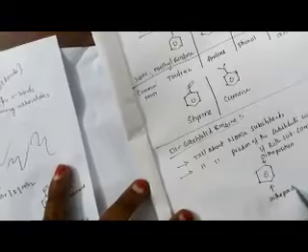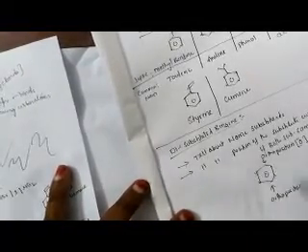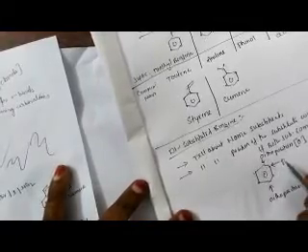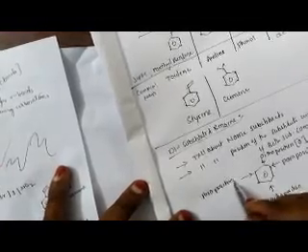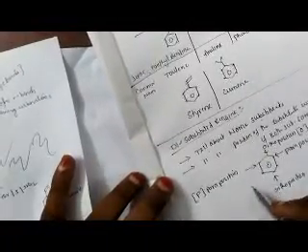This position is also called ortho position, generally represented with O. And this position is called para position, denoted with the letter P. This position is also called para position, denoted with the letter P. And this position is called meta position, denoted with M. This position is also called meta position. It is denoted with the M.